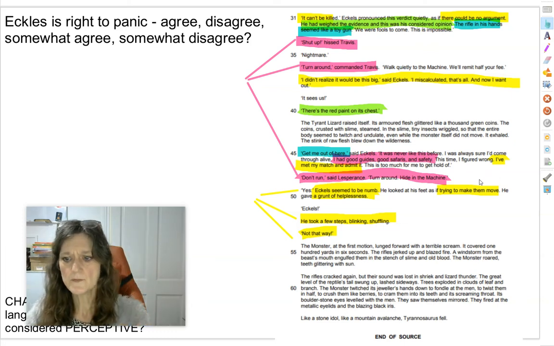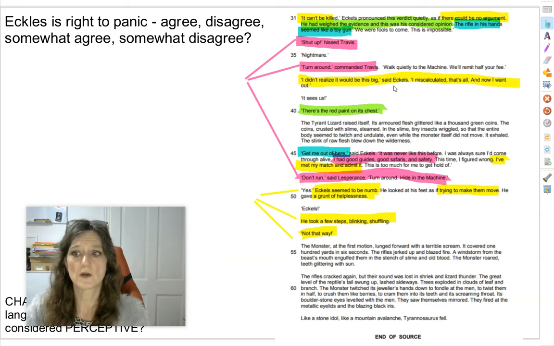And then Eccles, however, could be wrong to panic here. He says, "I didn't realize it would be this big." This suggests to me, so again, lots of inference in this one, that Eccles hasn't done his homework properly. He's just jumped like an excited kid into this safari without even learning how big a T-Rex is, what the threat is and what the challenge is going to be.